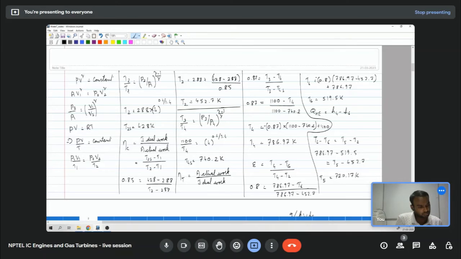Then, actually the outlet temperature should be lower than the ideal case.